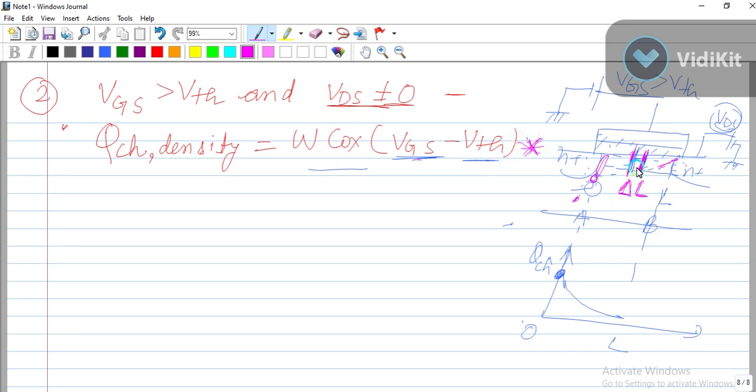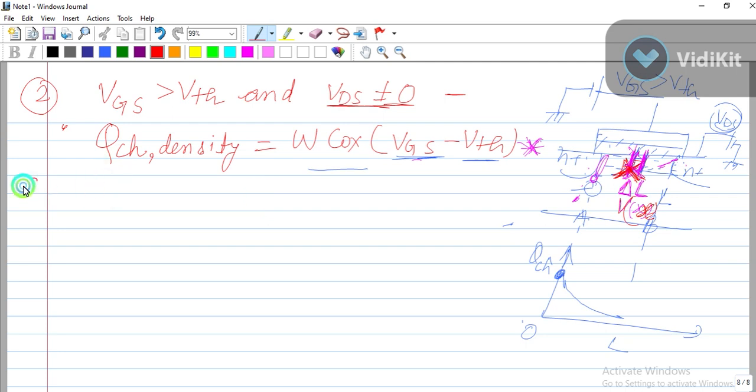Let's consider in this small length delta L, the voltage is Vx. This is x distance from 0, and there the voltage is Vx that I'm considering.